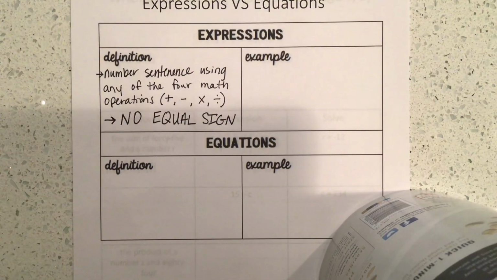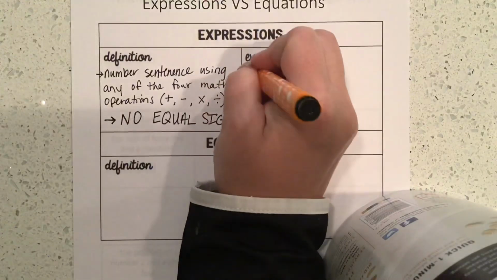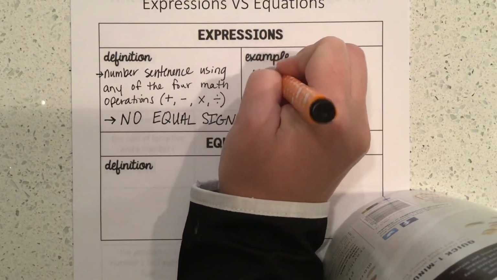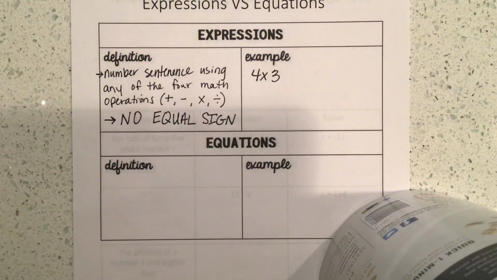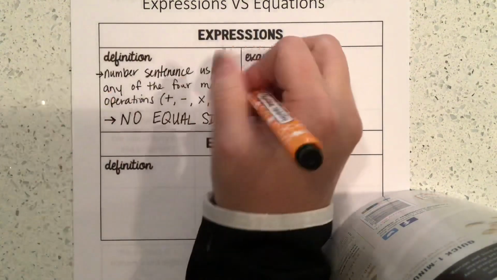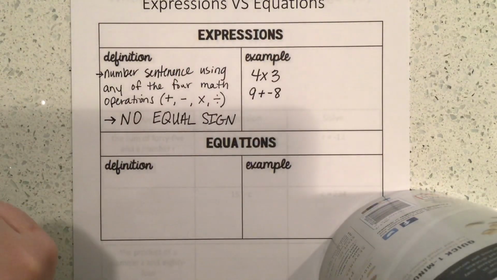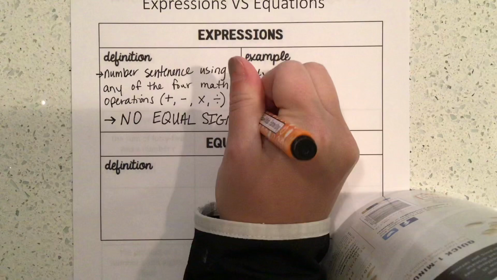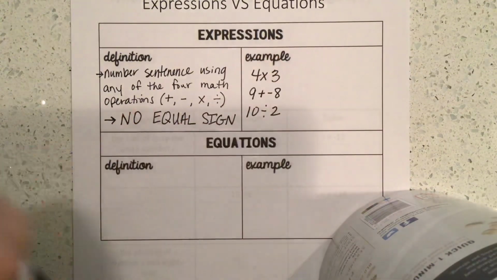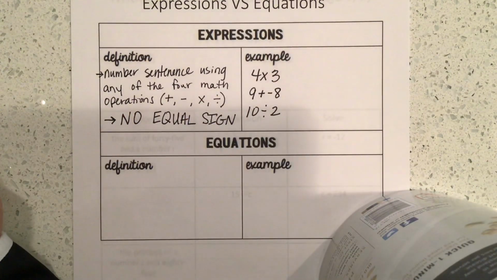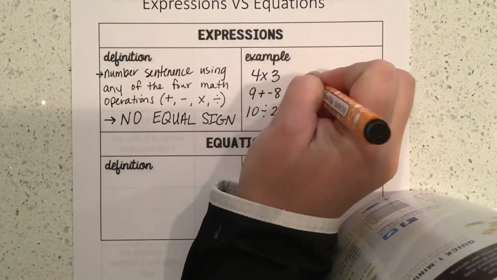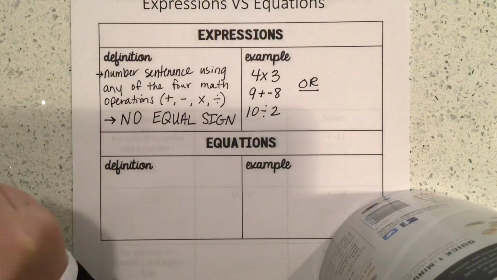So it's important to remember that there is no equal sign for an expression. And we write expressions all the time and we don't even realize that we're doing it. For example, an expression would be 4 times 3. We're using an operation, we're using numbers. Or it could be 9 plus negative 8. Or we can have 10 divided by 2. So all these are expressions, but we could also have letters when we use expressions.